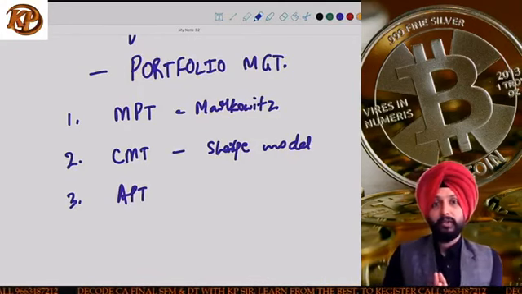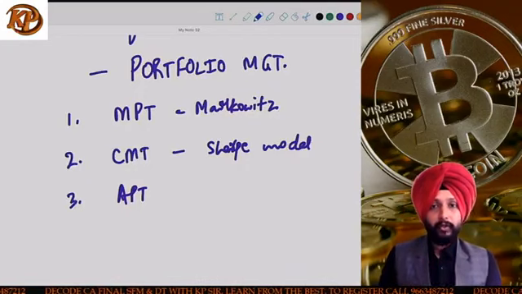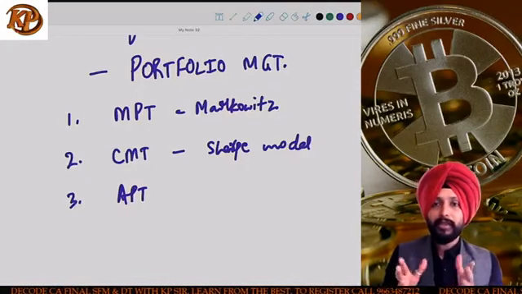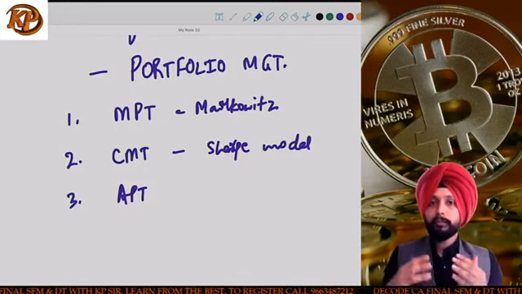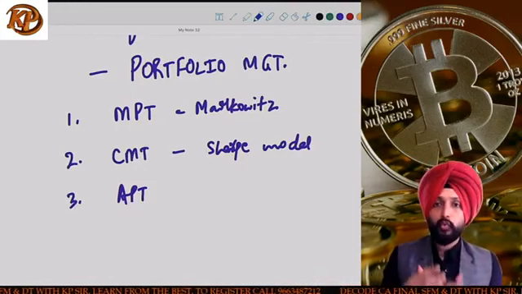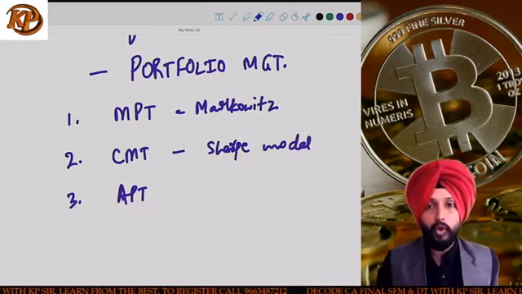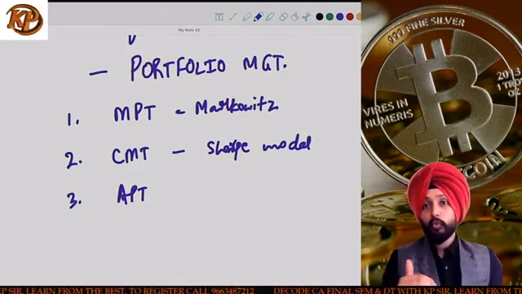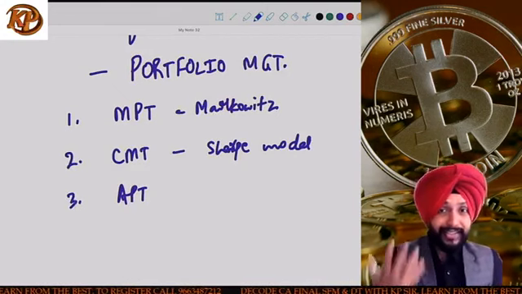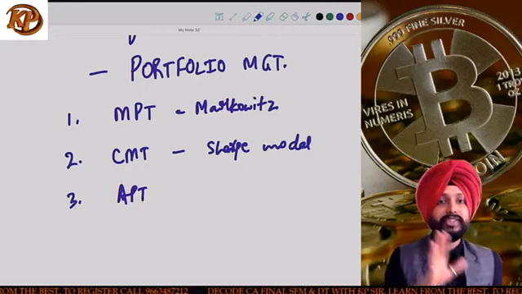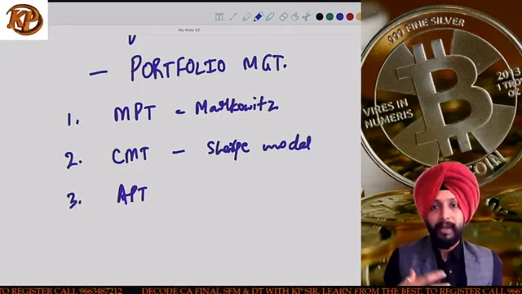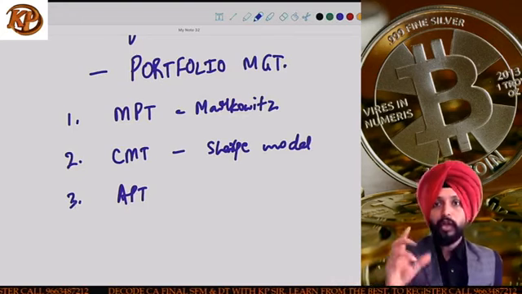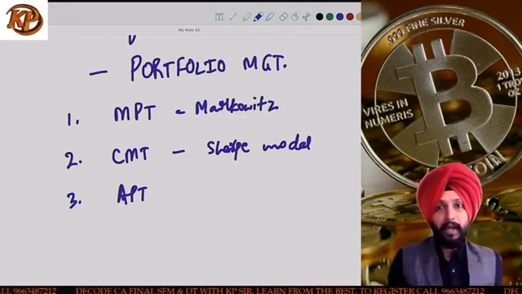But capital market theory says, if you remember, that you should not waste time studying the relation between stocks, because stocks are related to each other only because they belong to a common source. What is that common source? That common source is called the economy. You remember that? So we asked what is economy? How do you define economy? CMT said economy is best captured by a market portfolio.